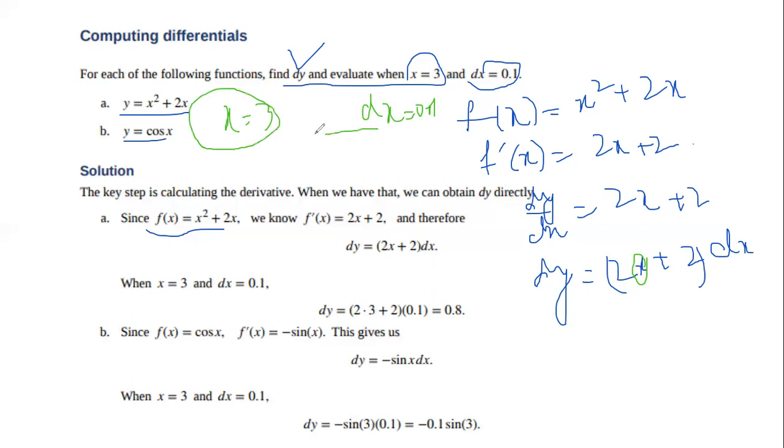So simply I have to multiply this parameter with this. So it will be 3 multiplied by 0.1, so the answer will be 0.3. Okay, so I have to sum this value with 2, so it will be 2.3 plus 2 with dx equals 0.1, which gives 0.8.